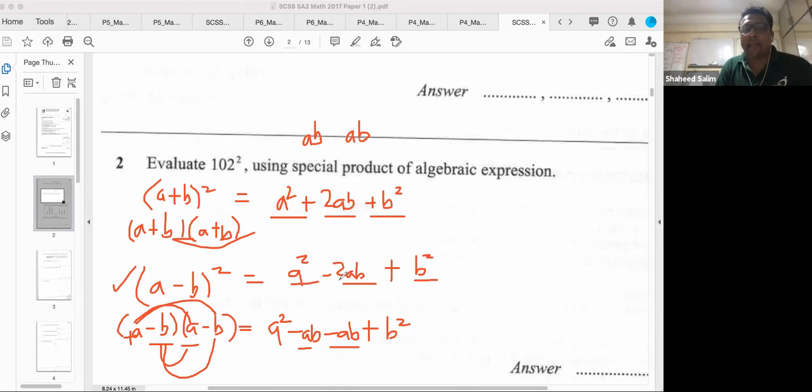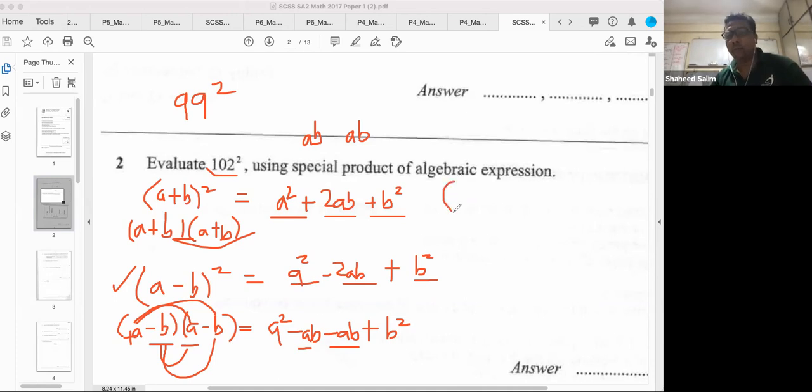Okay, now let's say we change the question. They say you cannot use a calculator, but you must use this expansion now. They want to know what is 99 squared, and they ask you to use this one.